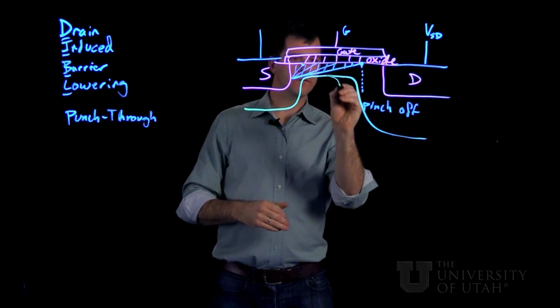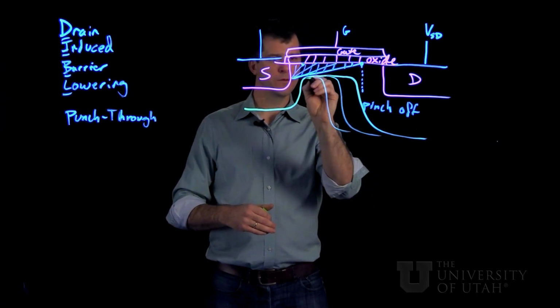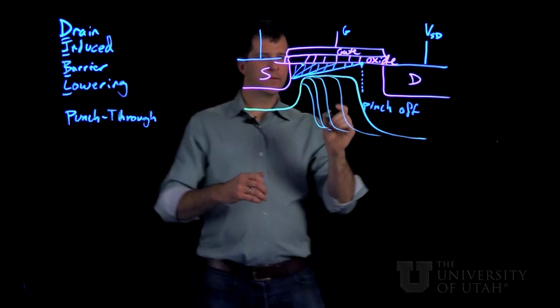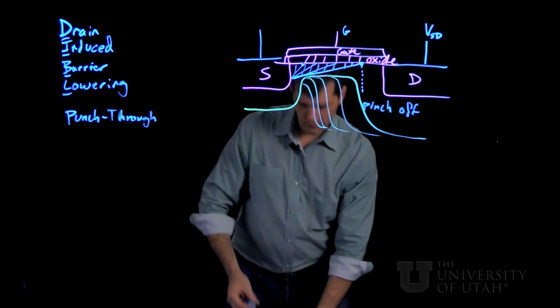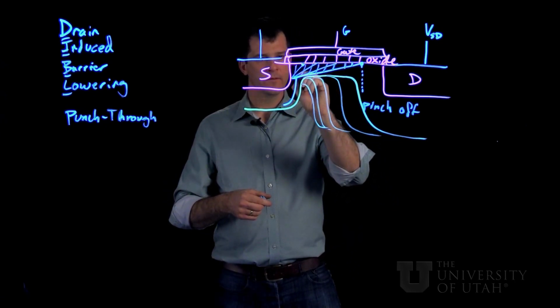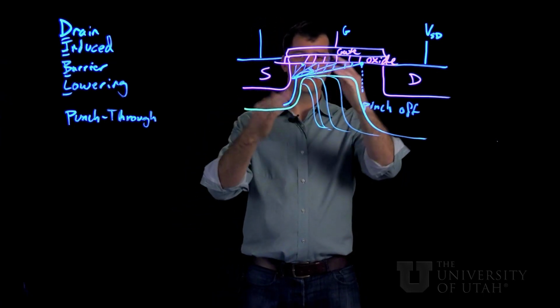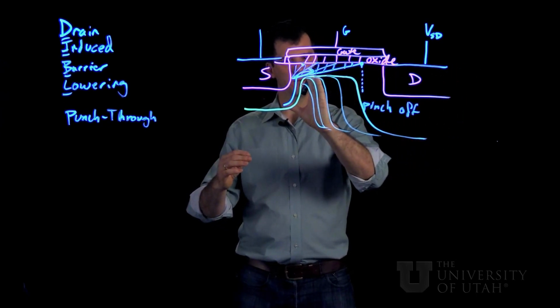So as the lateral one coming from the sides is being increased, what's actually happening here is that the energy barrier or the voltage barrier for electrons to be injected into the channel is actually going to lower eventually as this depletion width moves sideways.